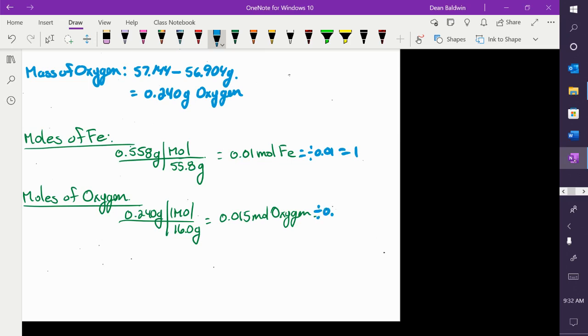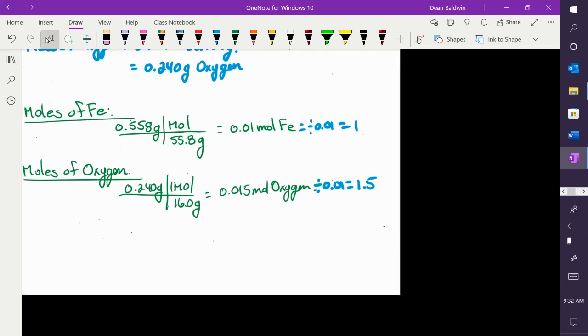Divide by 0.01 is going to give me 1.5. So if you wrote it with the fractions, it's going to be Fe1, I'll write it, O1.5.